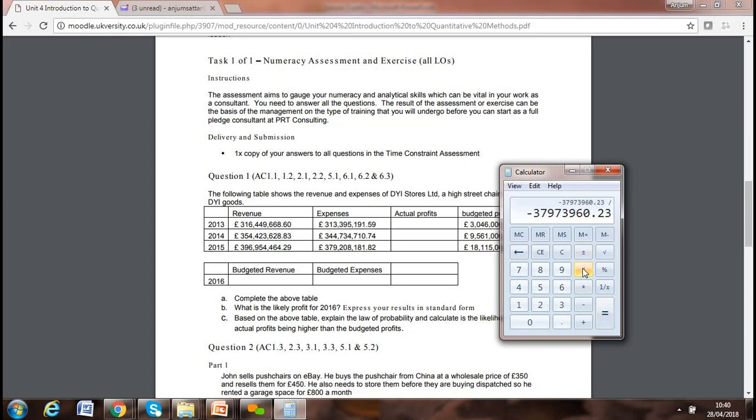Always we divide on the base year. The base year was 2013. So 2013 base year, 316,449,668, times by 100 if I need percentage. That gives me around 1.19, which is around 20%. You getting me?